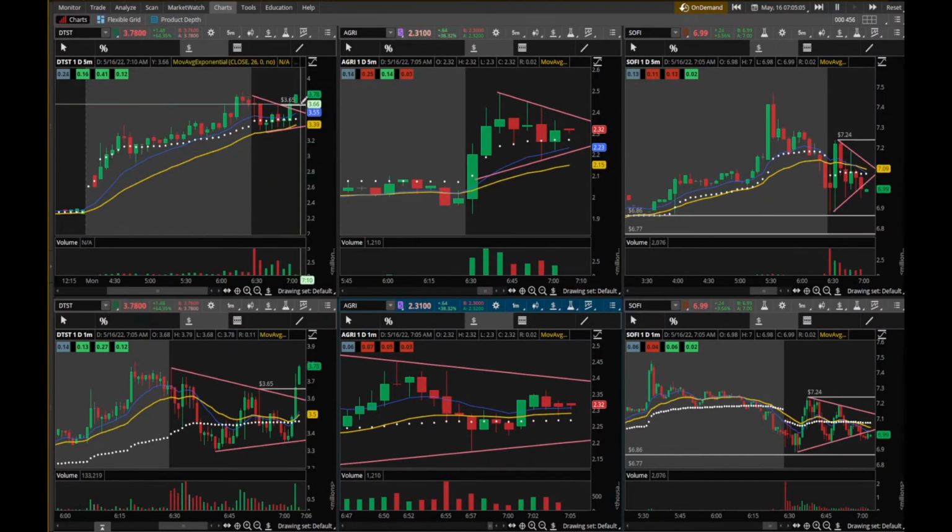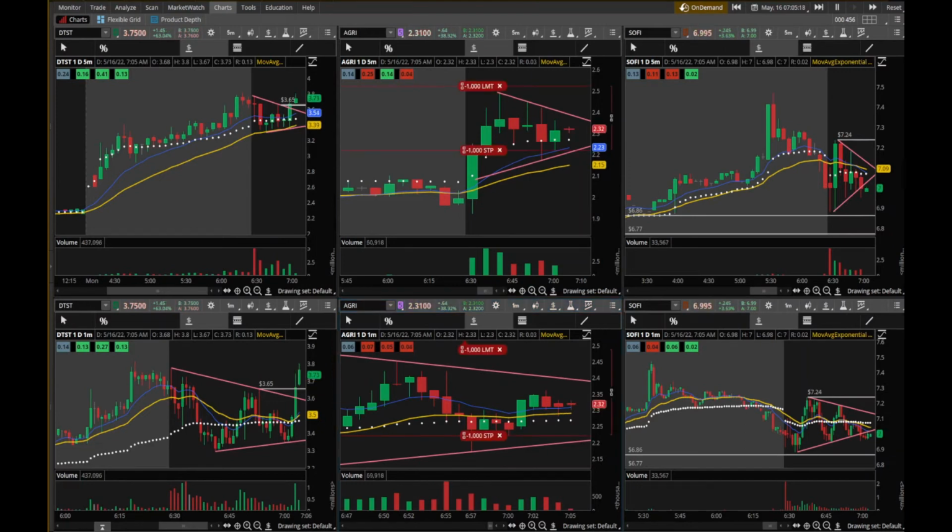7:05, so we got a new 5-minute candle now. Taking a quick trade on Agri for that higher low, possible higher high on the 1 minute.